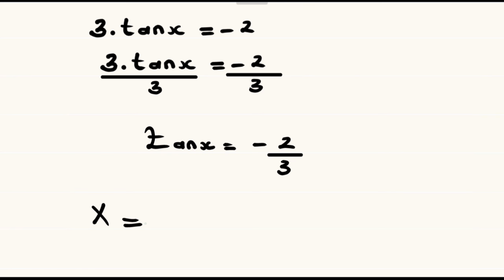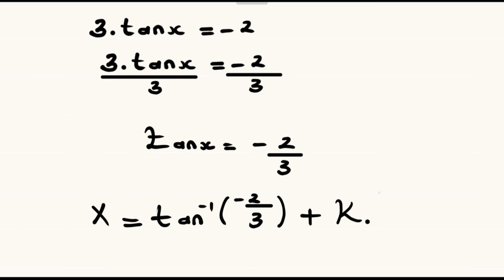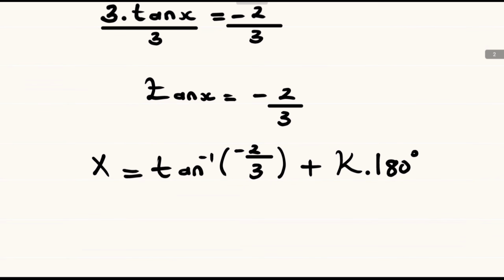Introducing the arctan to both sides of the equation, x will be arctan of -2 divided by 3 plus k multiplied by 180, since the tan graph has a period of 180 degrees, where k is an integer value from 0. So we have x is equal to the arctan of -2/3, which is -33.69 degrees plus k multiplied by 180 degrees.